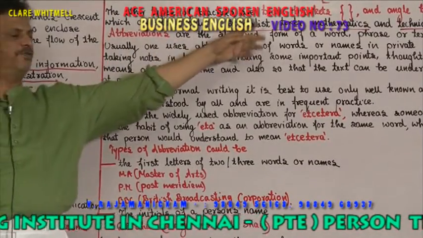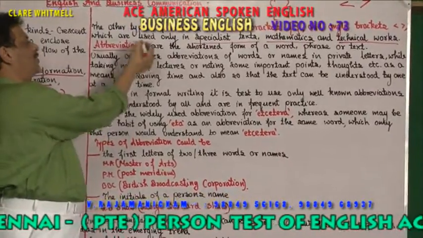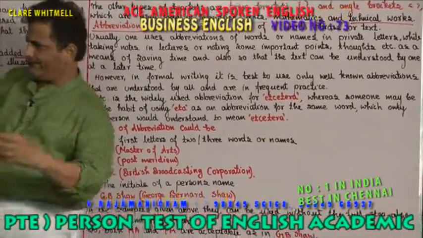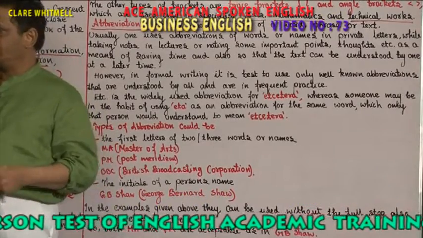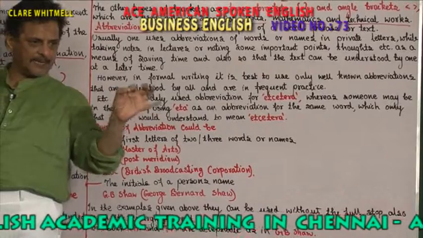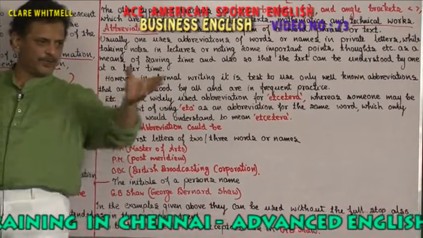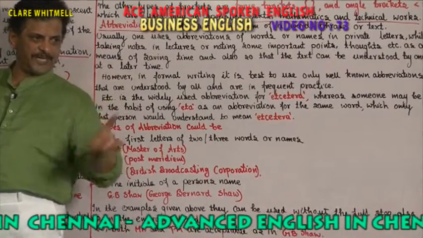Abbreviation: the shortened form of a word, phrase or text. What do you mean by abbreviations? IPS, it is an abbreviation, Indian Police Service. MBA, Master of Business Administration. You are going for something, IFC, isn't it? What do you mean by IFC?